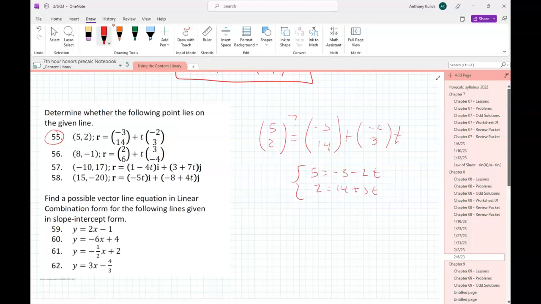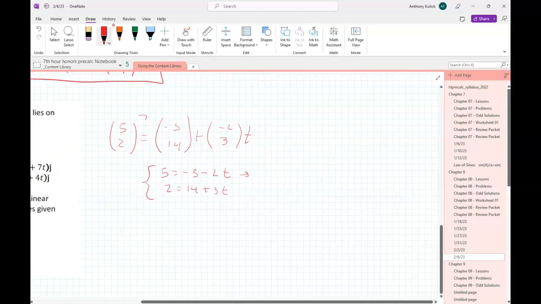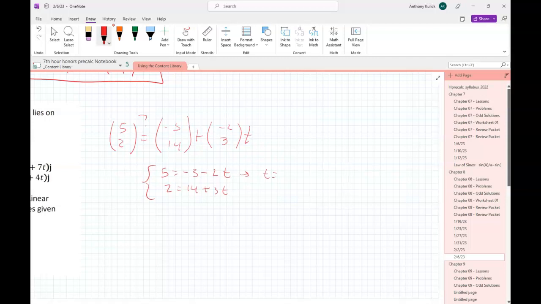So I'm just going to solve each of these separately for T. So I'll add 3 to both sides, giving me 8, and then divide by -2, that gives me -4. Here I'm going to subtract 14 from both sides, giving me -12. Divide both sides by 3, giving me -4. Since these are the same, we'd say yes, the point 5, 2 lies on R. So that's all we're doing there.